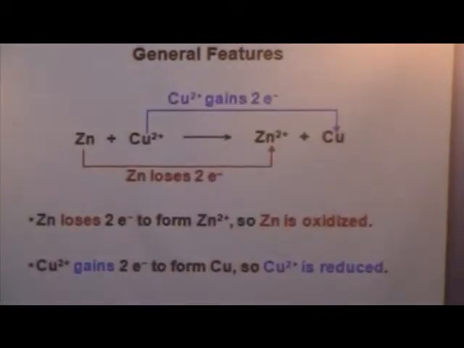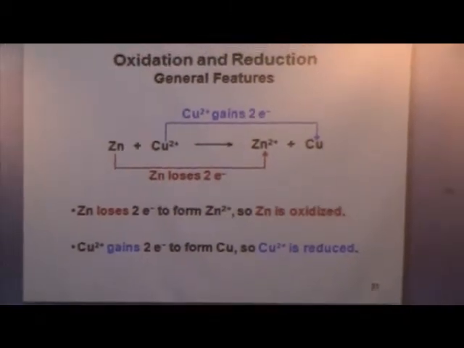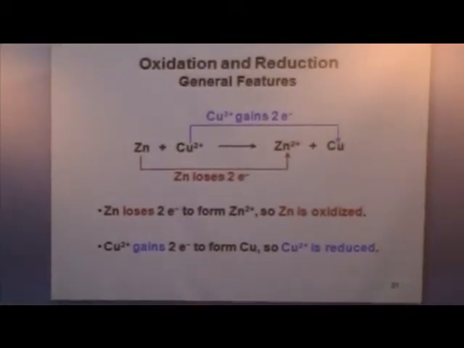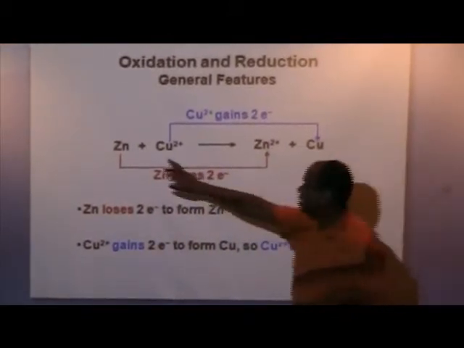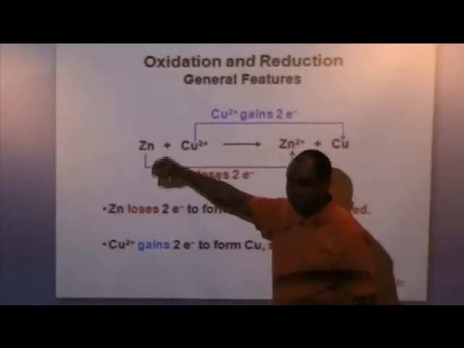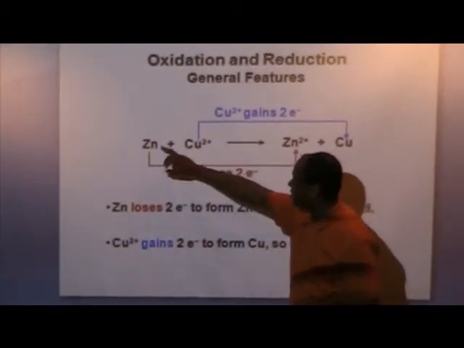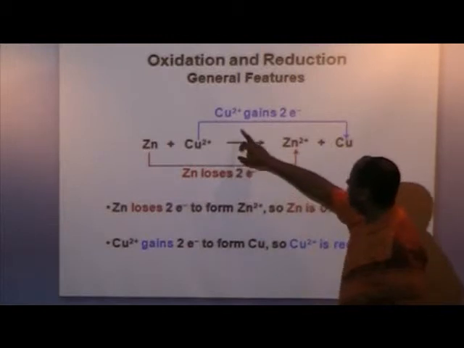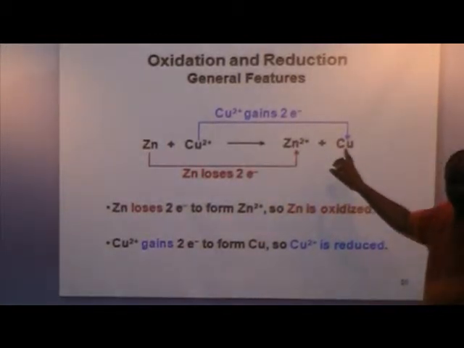This is the best explanation now. Over here, this is the reactant side, this is the product side. This is the zinc metal, a stripped zinc metal. This is a copper solution. You dip this zinc in a copper solution. Copper 2+ gains 2 electrons and becomes copper.